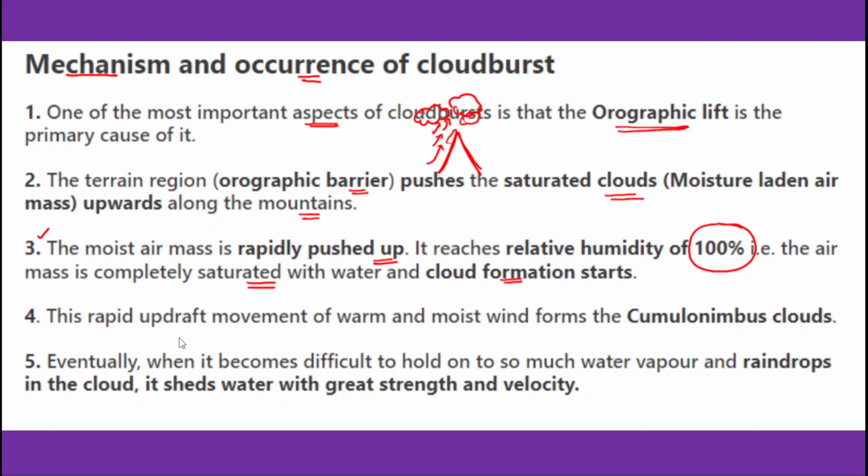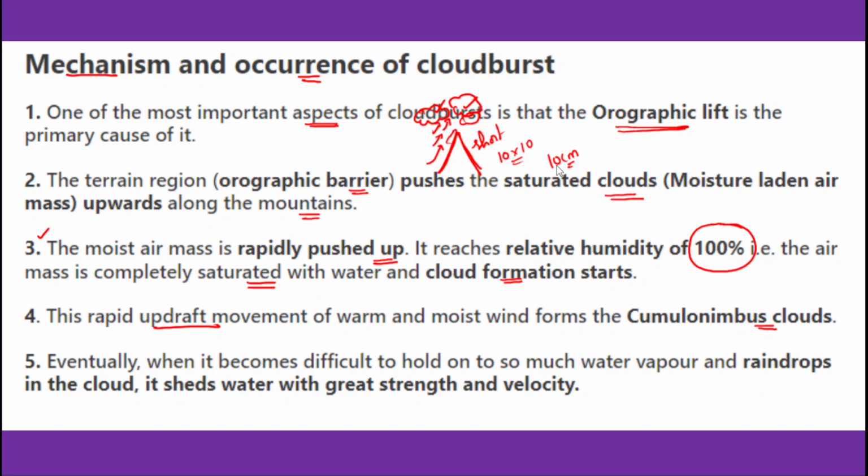This rapid upward movement of warm, moist winds forms cumulonimbus clouds. Because of its height and because it is carrying maximum humidity, this results in heavy or intense rainfall over a very small area, that is, a 10 by 10 kilometer area receiving 10 centimeters of rainfall.